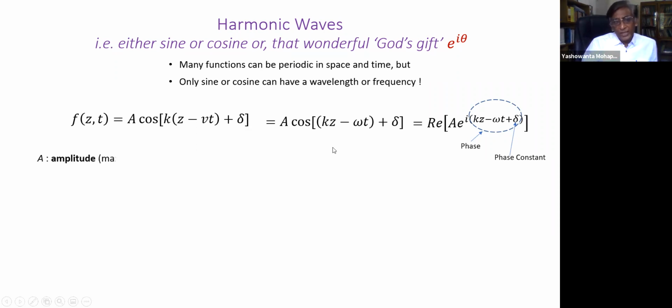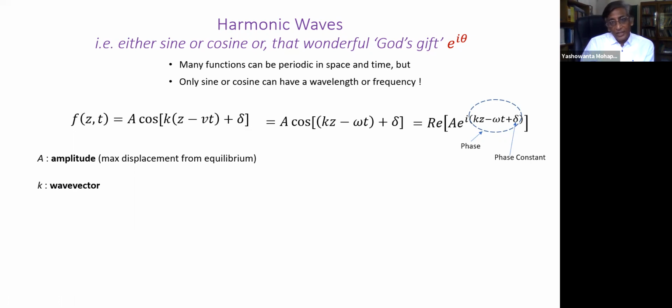So A is the amplitude, which is the maximum displacement from equilibrium of the quantity of the disturbance that you are worrying about. K is not a vector at the moment, but we'll soon make it a vector in the next lecture. So let me call it a wave vector. This is 2 pi times the wave number. Wave number is simply 1 by lambda, that is, the number of wavelengths in unit length.